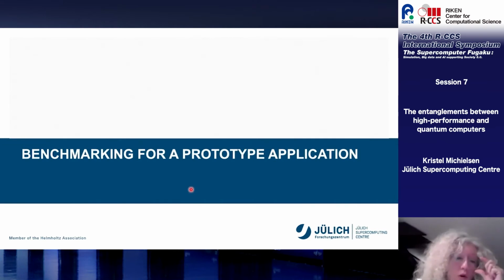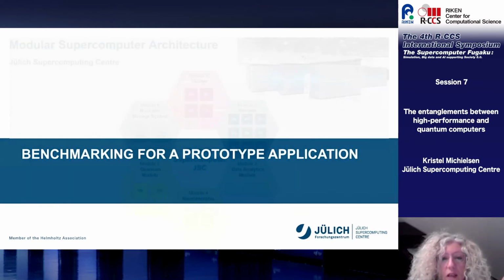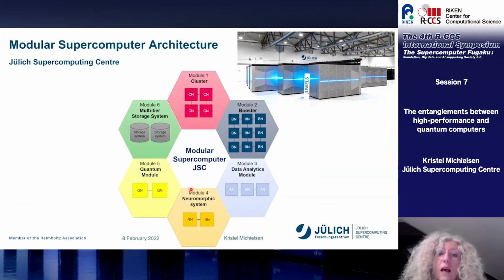Let me now go to a prototype application and some benchmarking results. For the benchmarking, we use our supercomputer at the Jülich Supercomputing Center. It's an Atos machine, and we call it a modular supercomputing system because it consists of several modules.